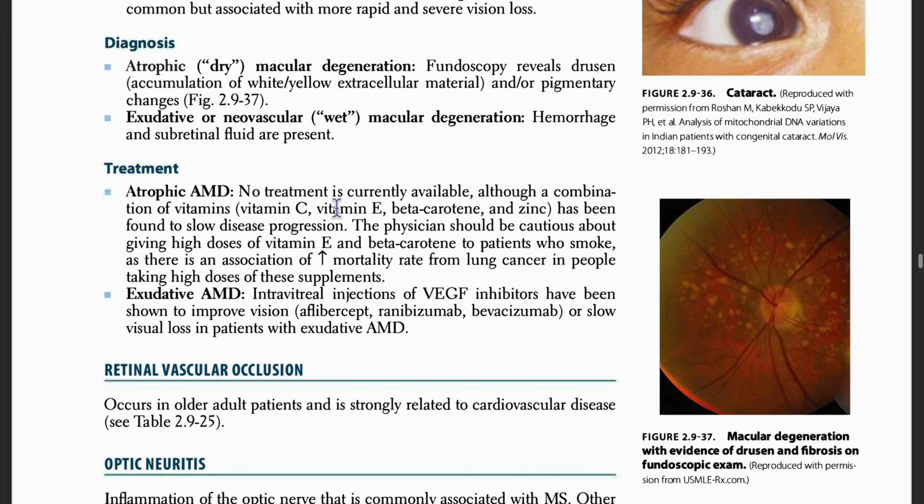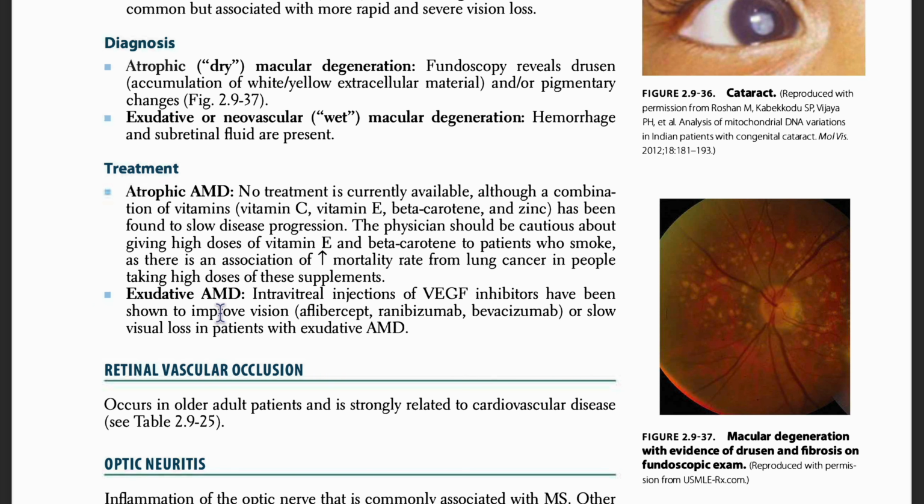macular degeneration. No treatment is currently available, although a combination of vitamins like vitamin C, E, and carotene and zinc has been found to slow disease progression. The physician should be cautious about giving high doses of vitamin E and beta carotene to patients who smoke, as there is an association of increased mortality rate from lung cancer in patients taking high doses of these supplements.